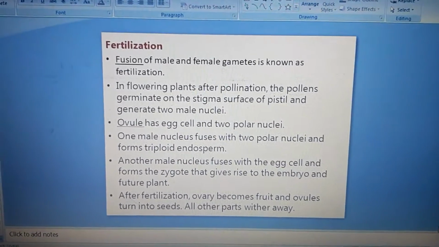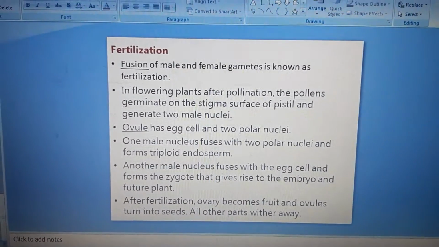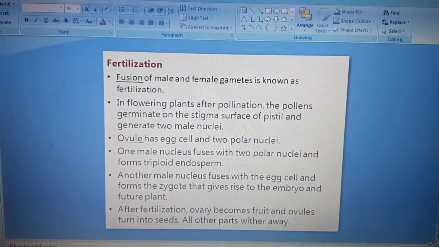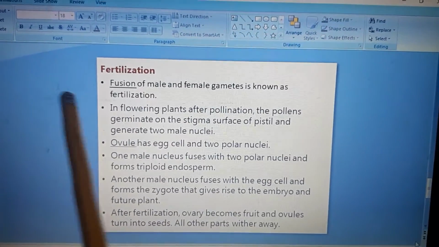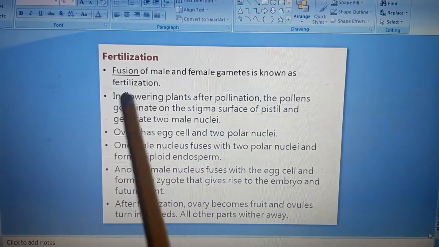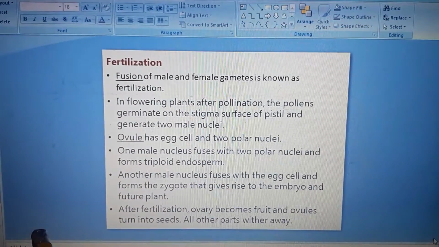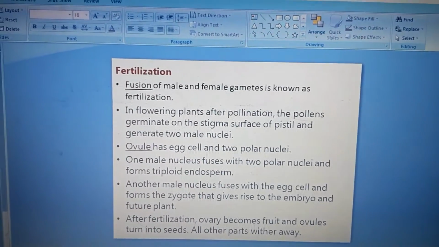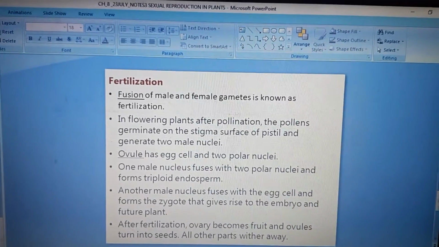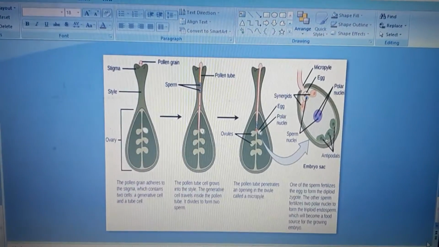After self-pollination or cross-pollination occurs, fertilization occurs. Fertilization is the fusion of male and female gametes. So let's study fertilization in the diagram.